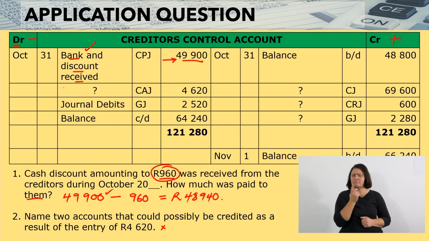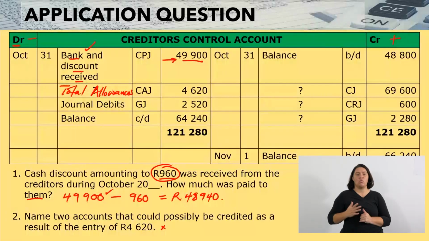That means here it's going to be total allowances. What it means is we have returned goods, or it could be equipment that we purchased and we have returned it.